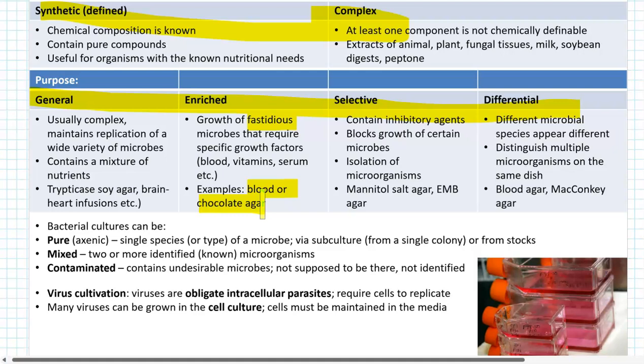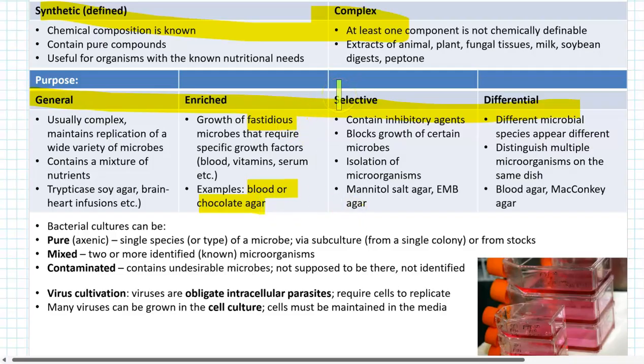But overall, this medium is enriched by iron. Do you follow? Allowing fastidious bacteria to grow. A common confusion that students have is they confuse the terms enriched and fastidious. Those are not the same. Fastidious means picky, and enriched means, well, enriched. Sounds good? Okay.